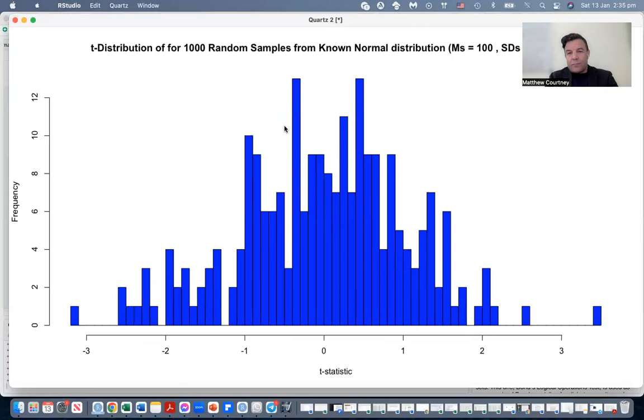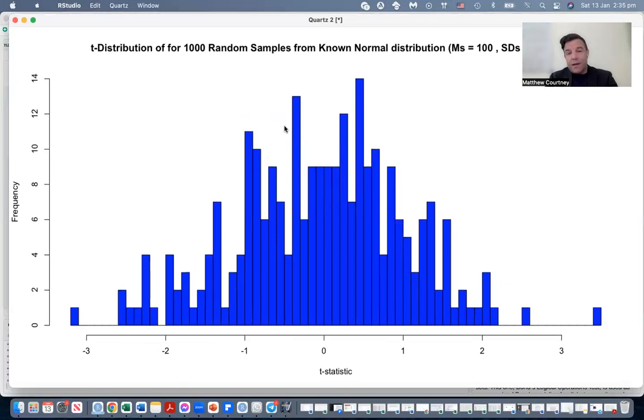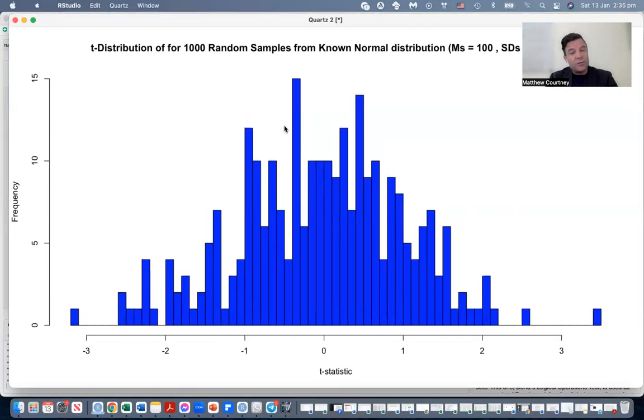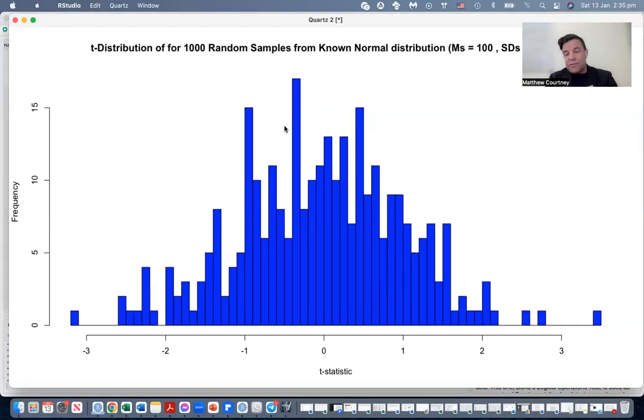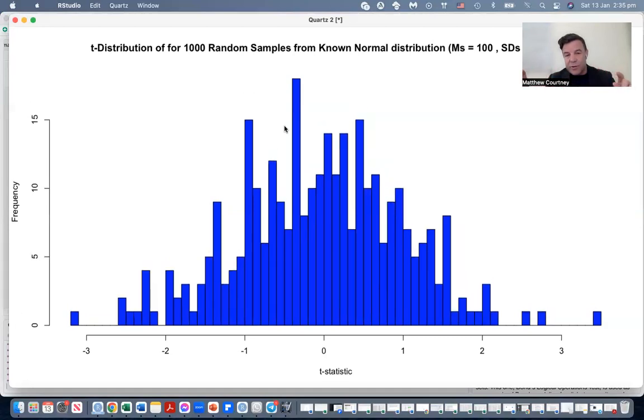Now, what type of distribution are we approaching in this case? Is it a normal distribution? In fact, it is not. It is called a t-distribution, which is slightly different. The tails are a little bit fatter in this case.